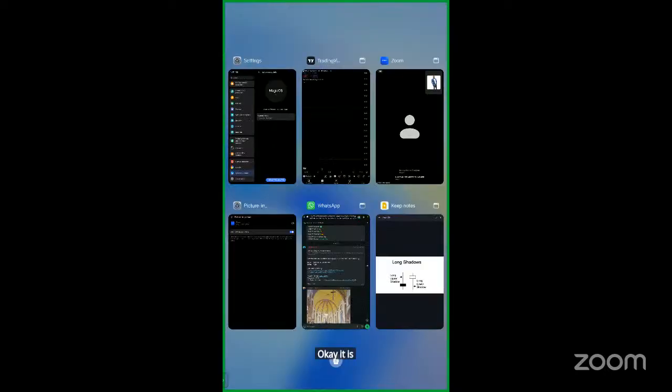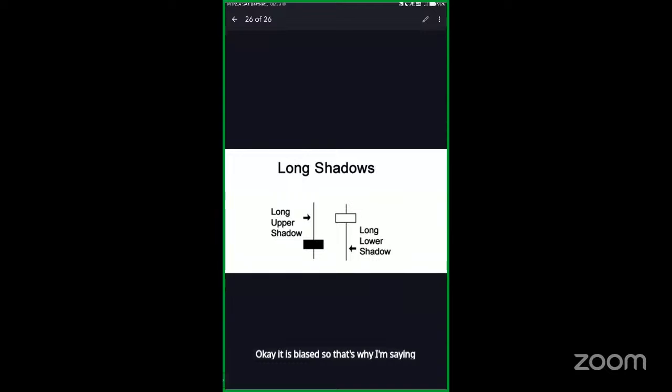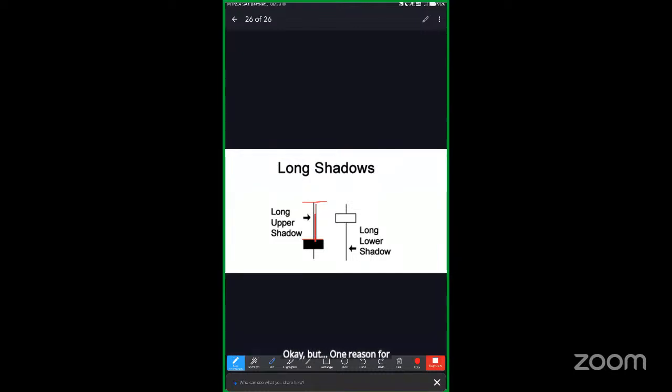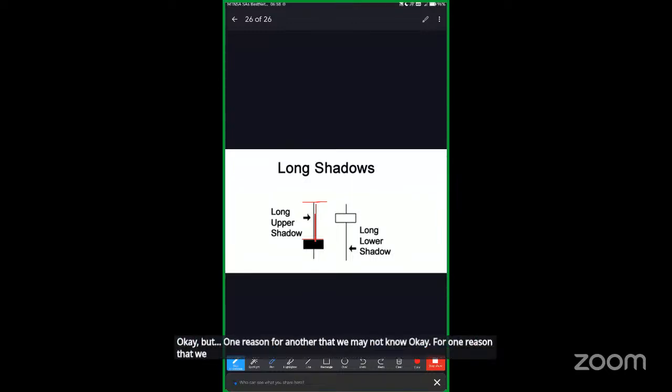So that's why I'm saying that if a candlestick has a long upper shadow and a short lower shadow, it signifies that in this particular trade session, it is buyers who pushed their muscle high up, okay? But for one reason or another that we may not know, sellers came in.